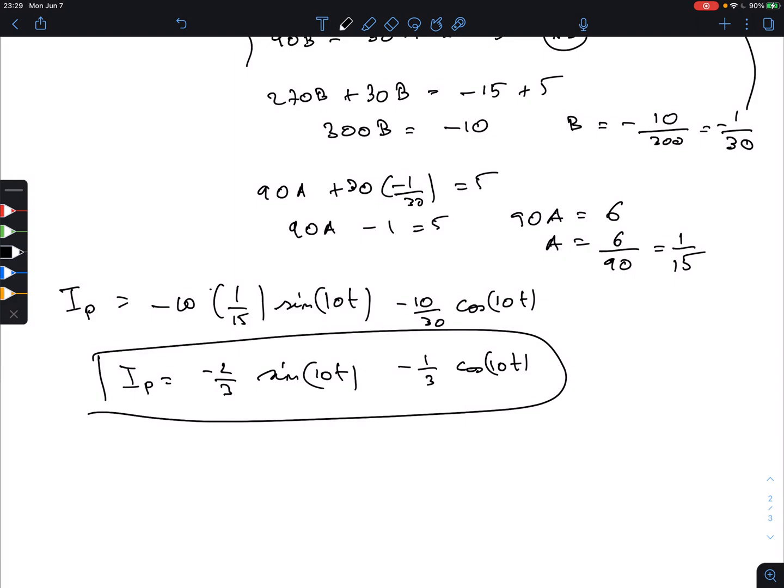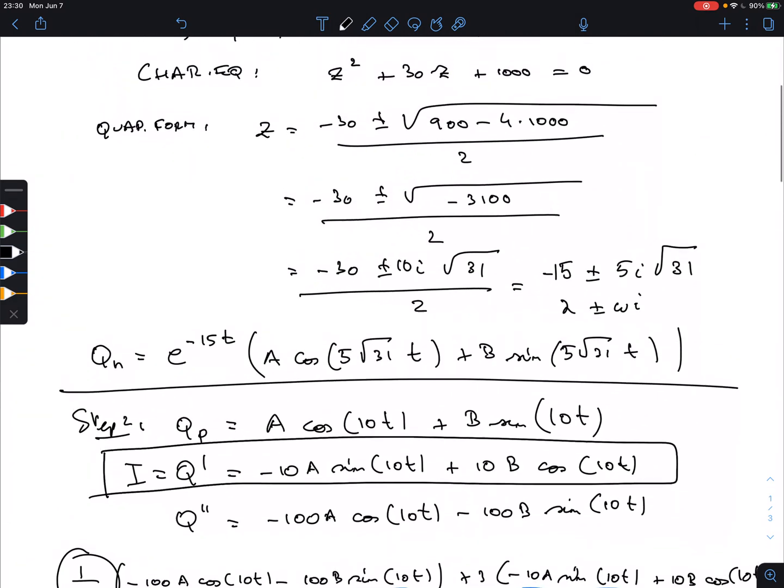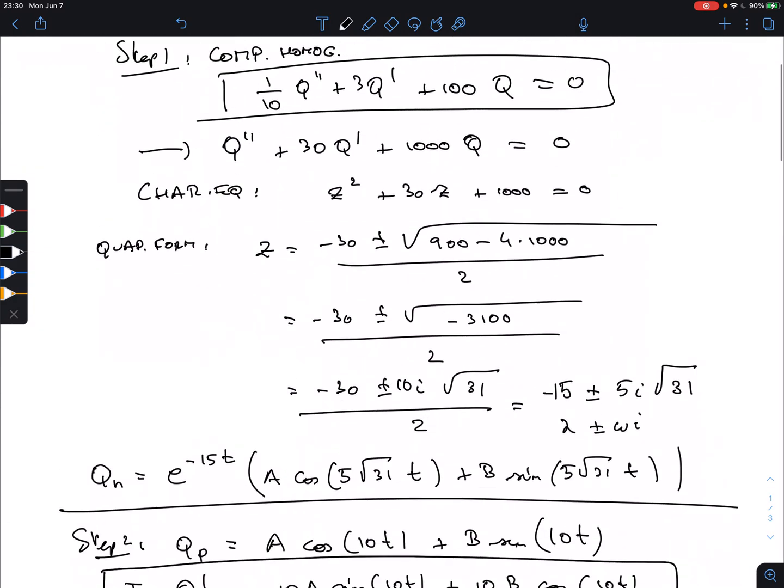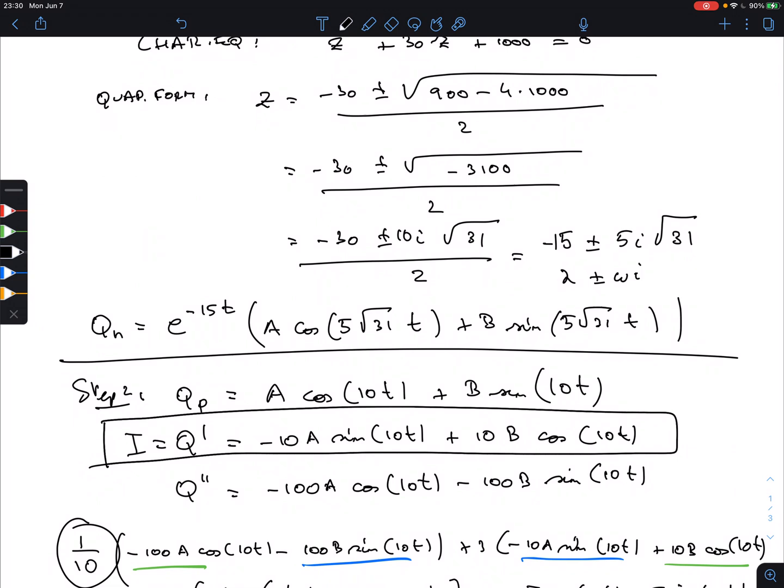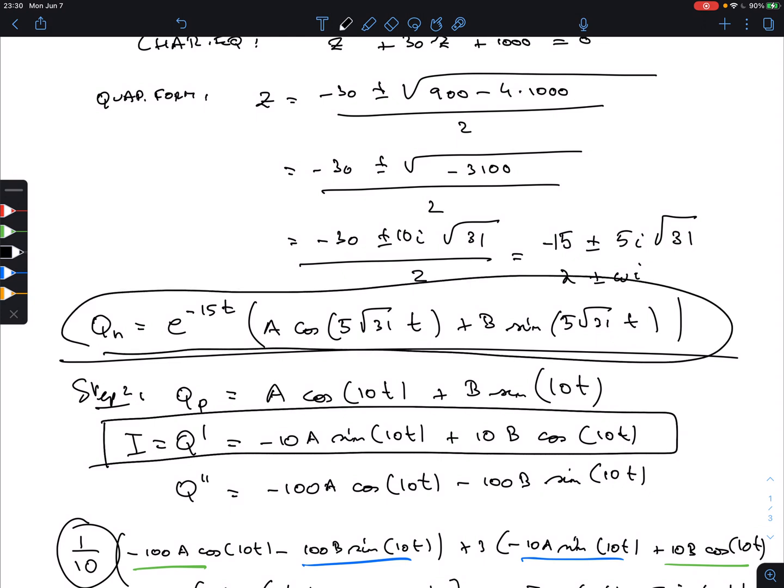Now, what is then the general solution for the current? Of course, we should add then the homogeneous solution, but this homogeneous solution, it is Q. So we would have to take the derivative of this to find the general solution for the homogeneous current, and then add the both.